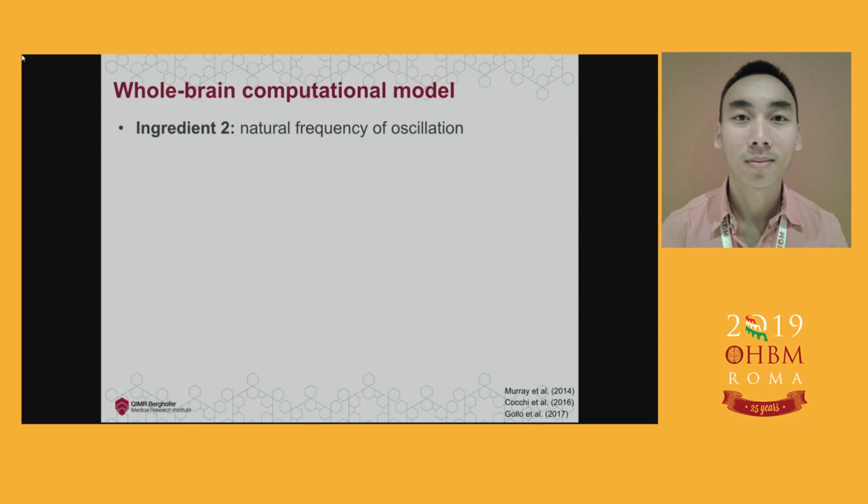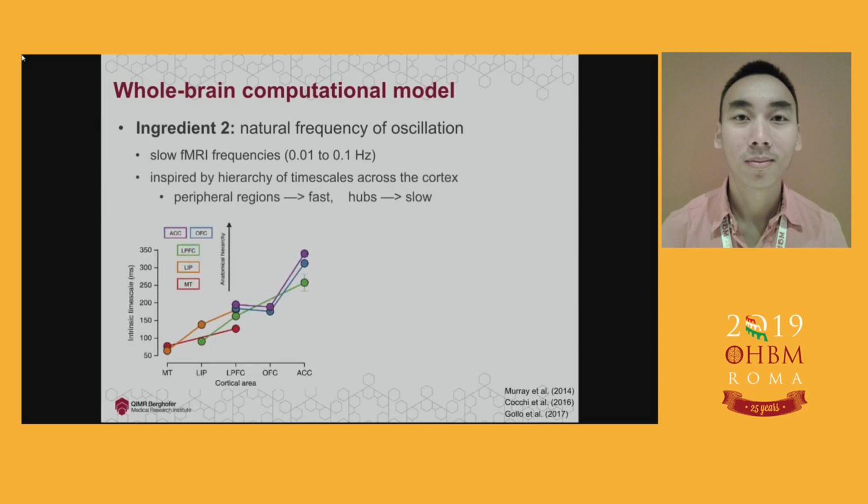Now, what kind of frequency of oscillation do we want to induce? We use low fMRI frequencies and impose a heterogeneity across the network, inspired by the hierarchy of timescales recently found across the cortex, where the peripheral regions have small intrinsic timescales and hubs have large intrinsic timescales.